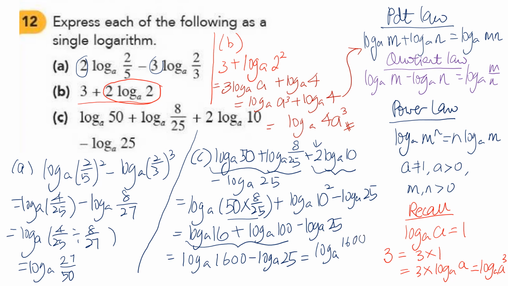You just break it down, decompose into smaller portions. Right, so 1600 divided by 25. Oh my god, I don't have a calculator. Okay, so 1600 divided by 25 is 64. So that's it. It's even easier than part B, even though it looks complicated.